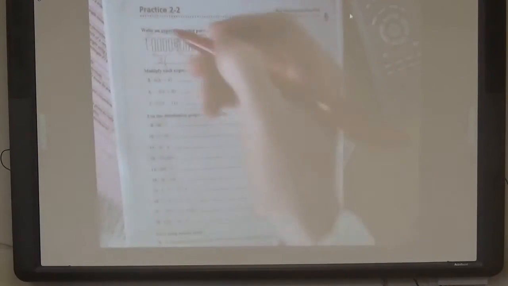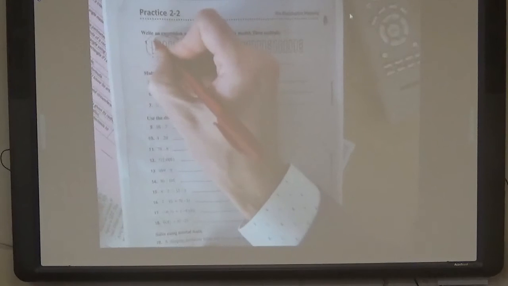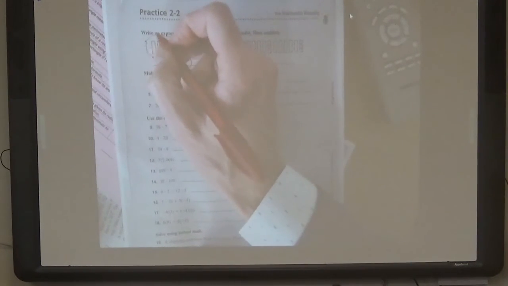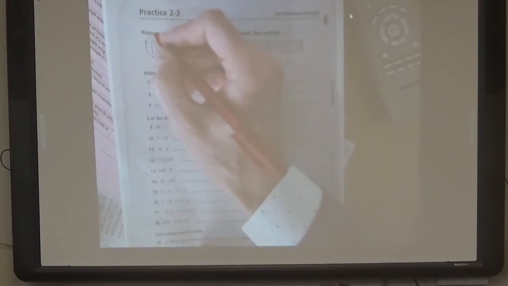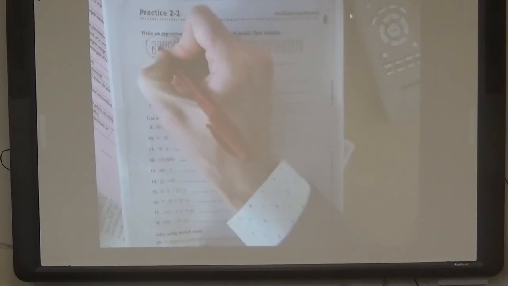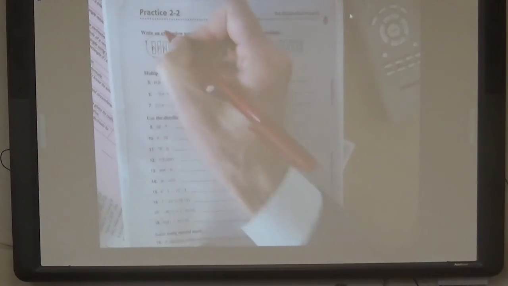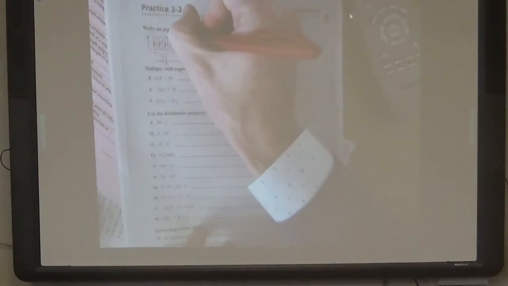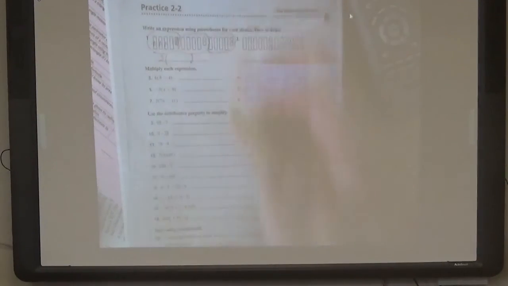Now, what is this group? What does that even mean? Well, in algebra, these long ones are the n's. They're the numbers we don't know. So each of these refers to an n, a number. That's the variable. The little ones are positive ones.